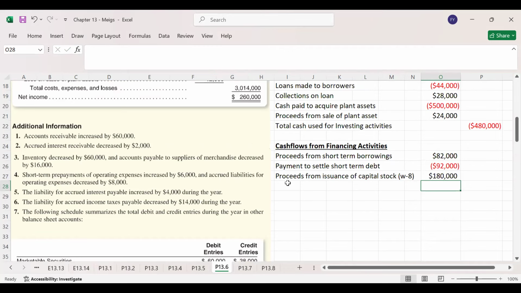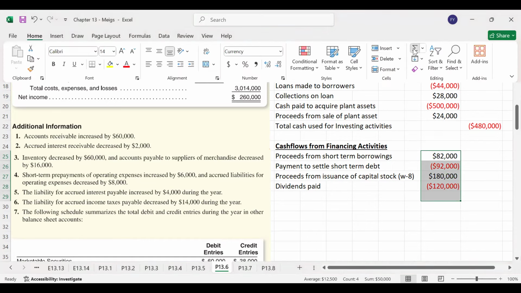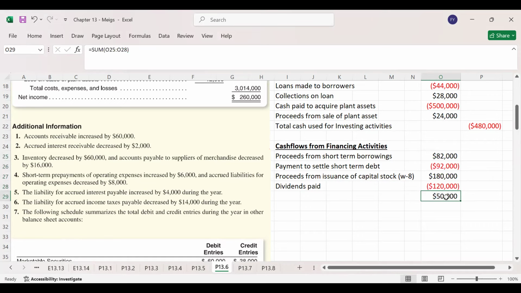So in the last, we have dividends paid, which should be in minus, minus $120,000. So that's it for the financing activities. We can check whether we have cash provided or used by.